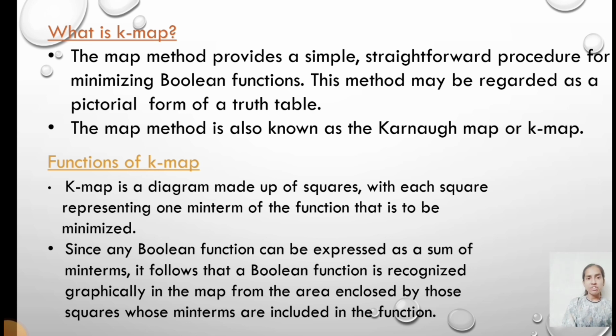Let us see the functions of K-map. K-map is a diagram made up of squares, with each square representing one minterm of the function that is to be minimized. Since any Boolean function can be expressed as a sum of minterms, it follows that a Boolean function is recognized graphically in the map from the enclosed area by those squares whose minterms are included in the function.